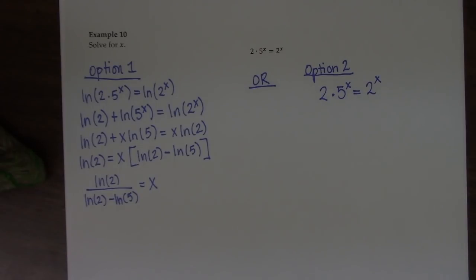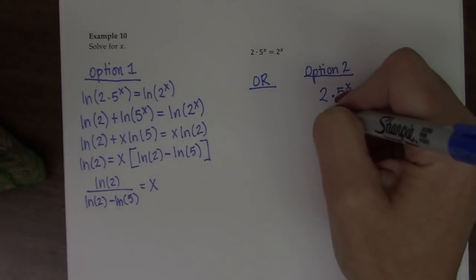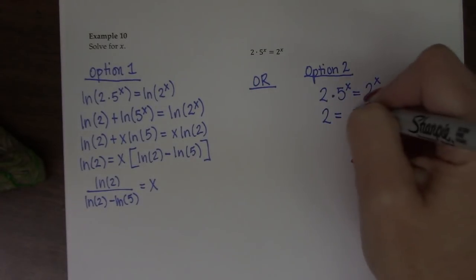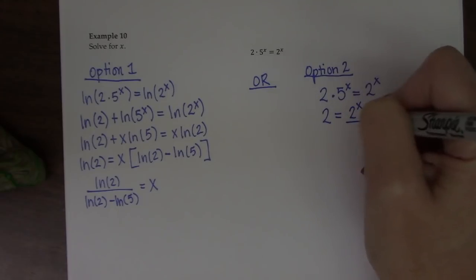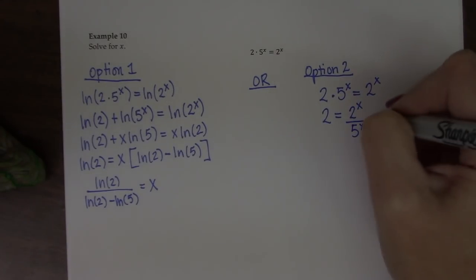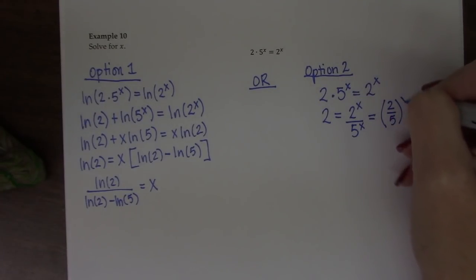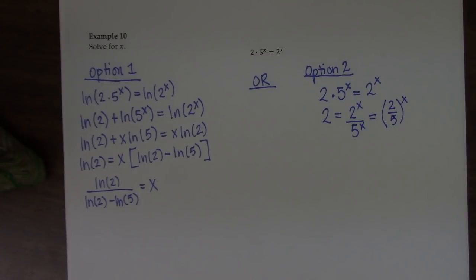So let's take everything that's raised to the x and put it on one side of the equation. So 2 equals 2 to the x divided by 5 to the x. That is the same thing as saying 2/5 raised to the x.